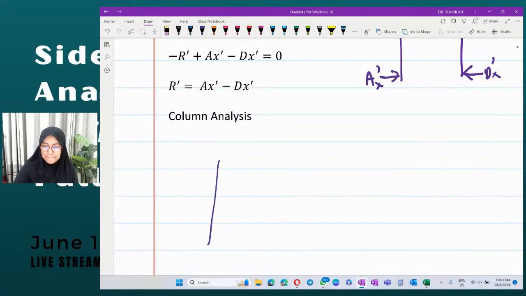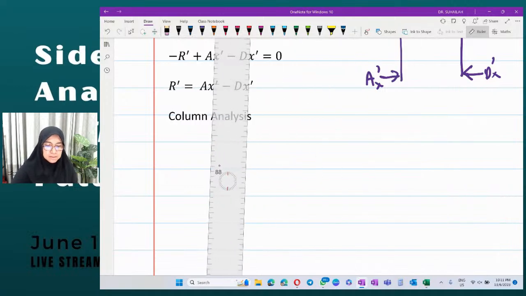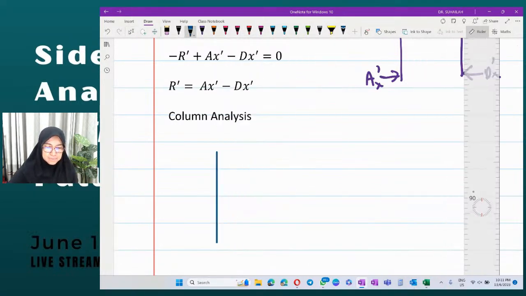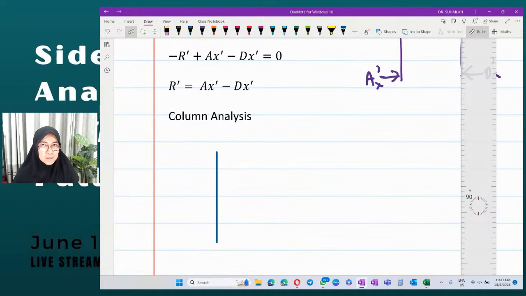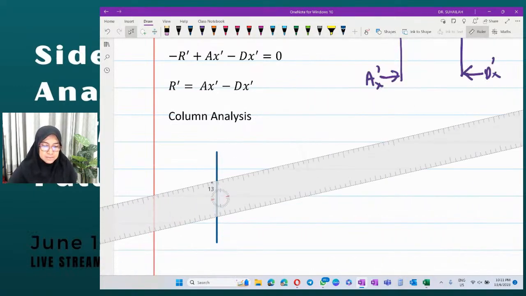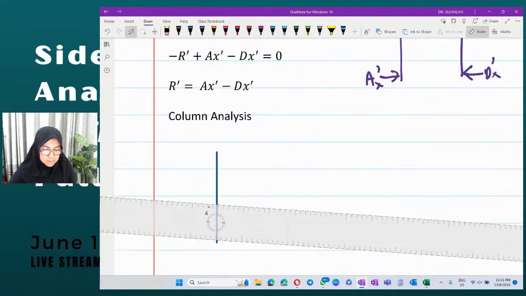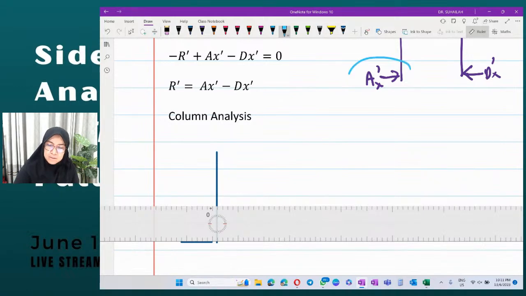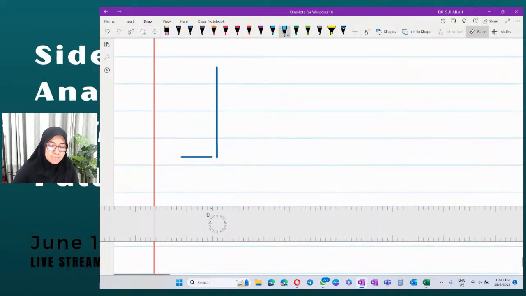For column AB, AX has to follow the same direction.